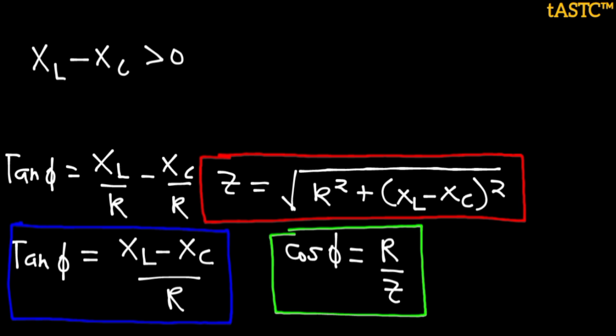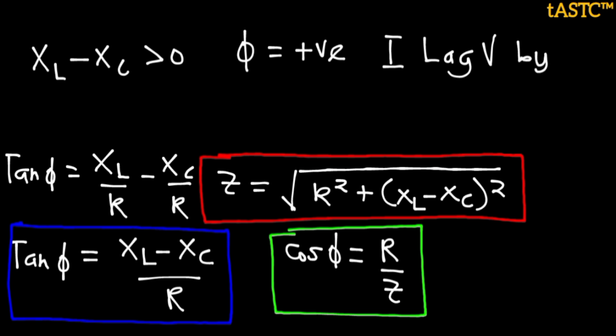Phase angle would always be positive. And the current is going to lag the voltage. By what amount? The current would lag the voltage by 90 degrees. Now 90 degrees is the same thing as pi divided by 2 radian.